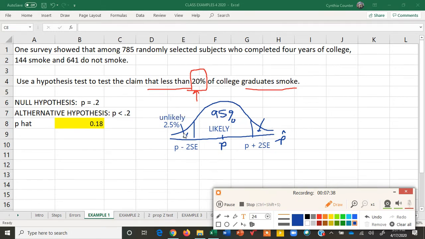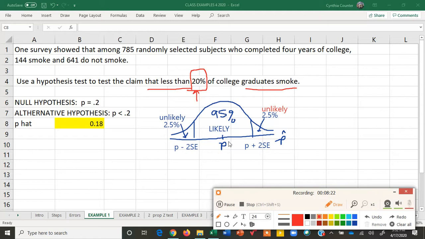This is the bottom 2.5%, but we also have the top 2.5% that is unlikely to have occurred due to random sampling error. So we have to make an assumption for P in order to know what the distribution actually looks like as far as filling in the numbers. And that is where the null hypothesis comes in. Remember I said since we're making a claim that is comparing to 20%, we're going to just assume the null hypothesis is actually equal to 20%.